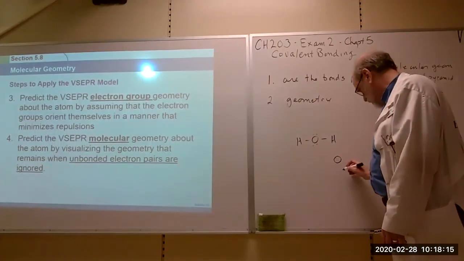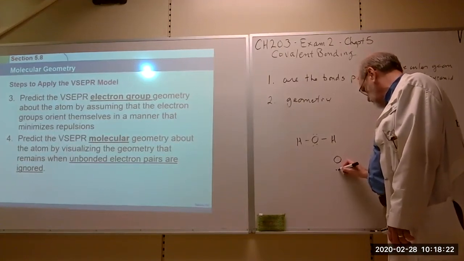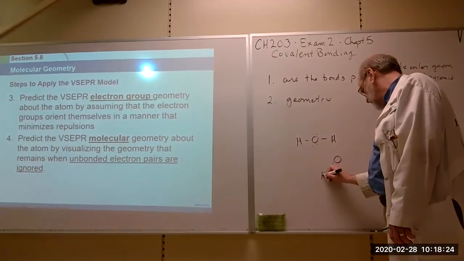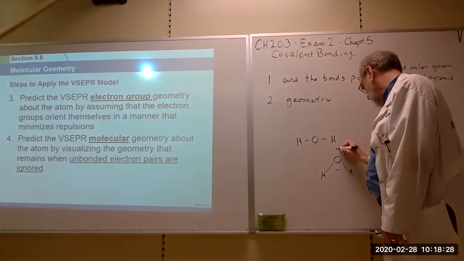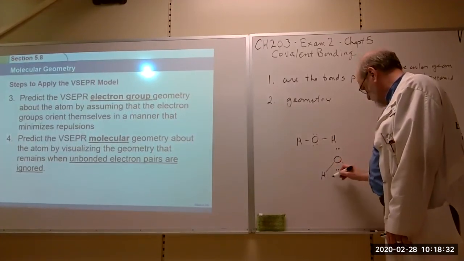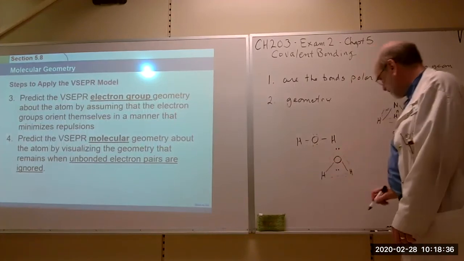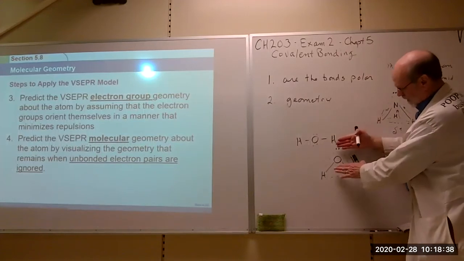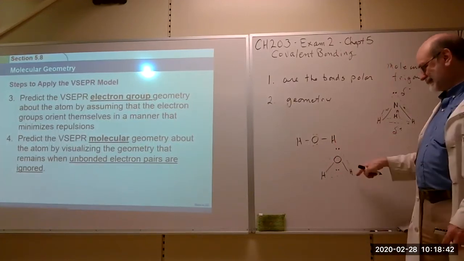So we would have maybe a pair back here. Then we would have a hydrogen here, a pair up here. And so that forms our trigonal base. There's our tetrahedron. Then if we cover up the lone pairs, what we have is a bent molecule, like that.